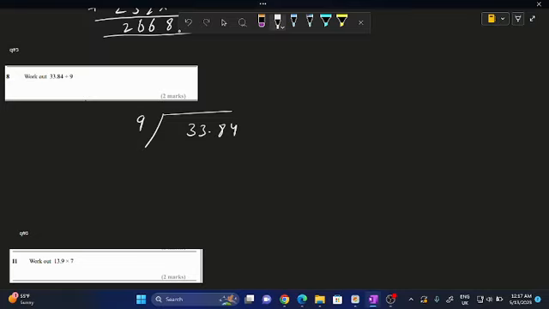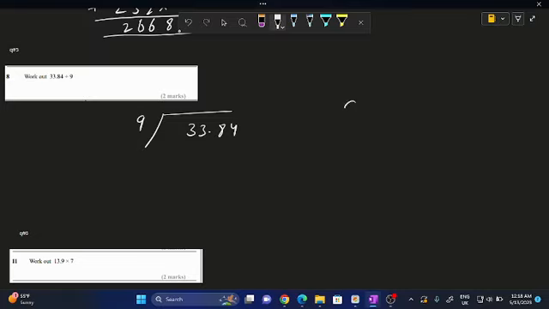For division questions, the bigger term would be inside the bracket, and the smaller term, that is 9, would be written over here. Now you have to read the table of 9 that comes closer to 33 and should be less than 33.